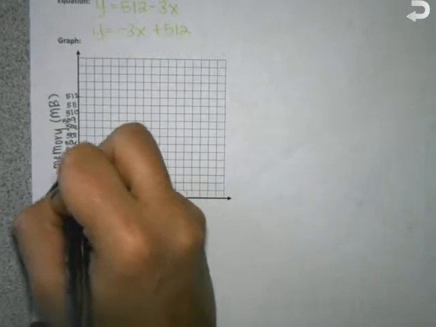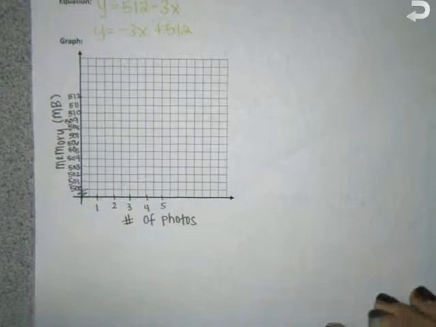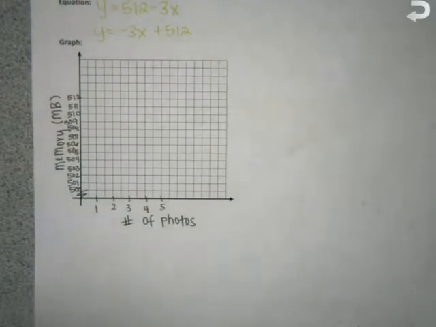Okay, so there's my graph. Okay, is this graph going to be discrete or continuous? No, continuous. Yeah, you can't take half.